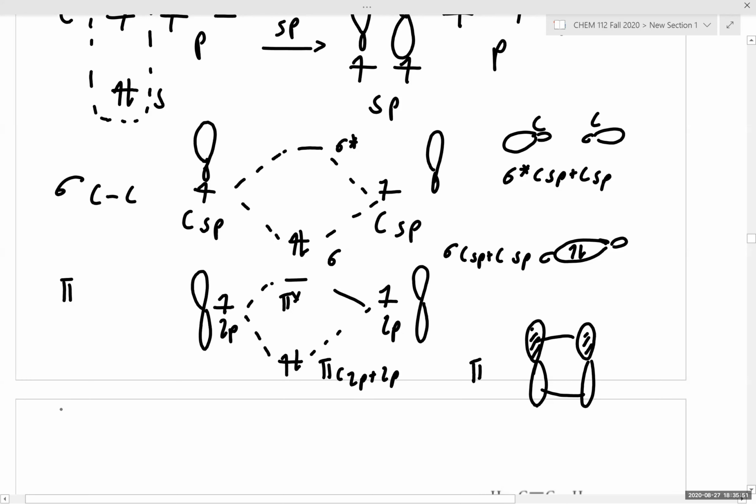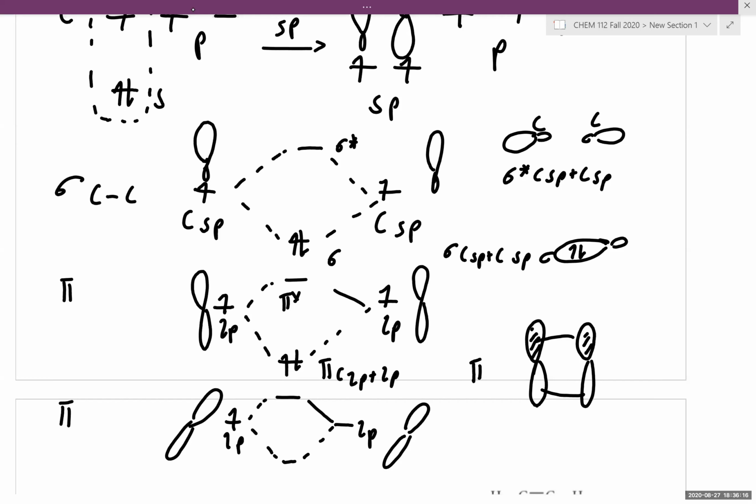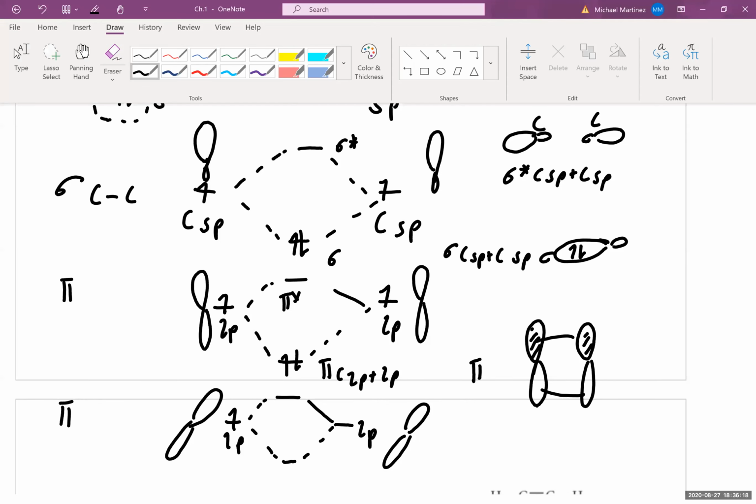Our second pi bond can occur when we overlap our p orbitals that are arranged in the horizontal axis. So we have the exact same orbital picture. However, what has changed is the orientation of our p orbitals.